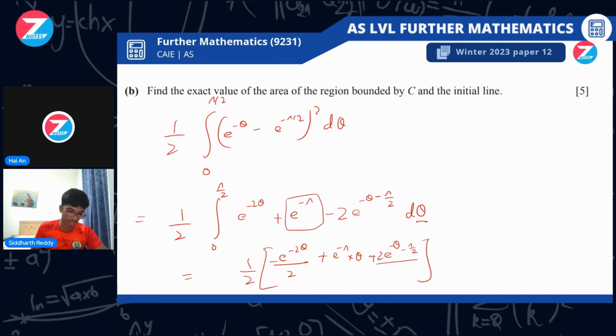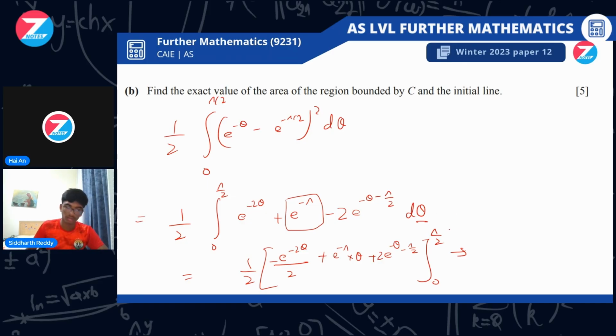So this is going to be plus. And we are evaluating this over the region 0 to pi by 2. So substitute the values of pi by 2 and 0, and then we get, what do we get?